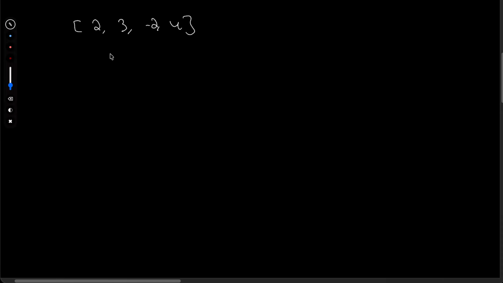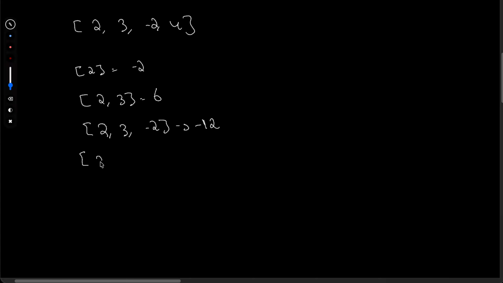Let's take some subarrays and their products. 2 is 2, 2 into 3 is 6, 6 into -2 is -12. Next, 3 into -2 is -6, and 4 is 4. Which product is biggest? 6 is the biggest product, so the answer is 6.